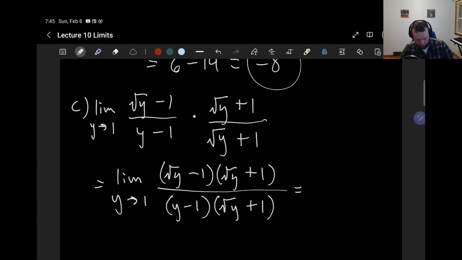So I multiply by the conjugate, and the numerator will become y. Then the outer plus inner parts of the FOIL will cancel by design. Right? We'll have a square root of y and then a minus root y. And then for the last part of the FOIL, we have a minus 1.